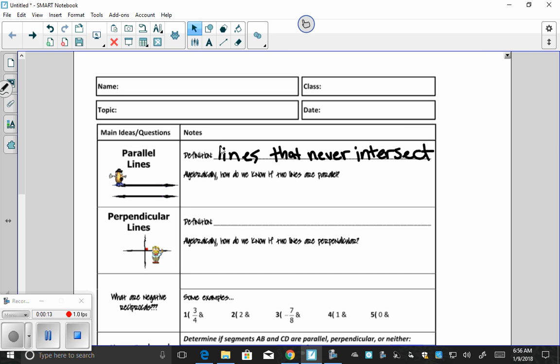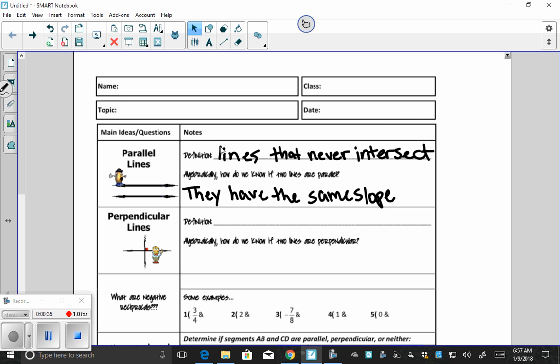So a parallel line is a line that never intersects. Algebraically, how do we know if two lines are parallel? Two lines are going to be parallel if they have the same slope.